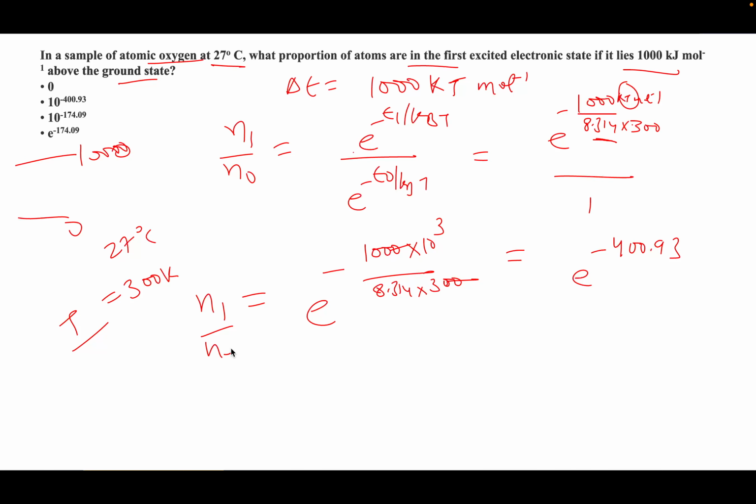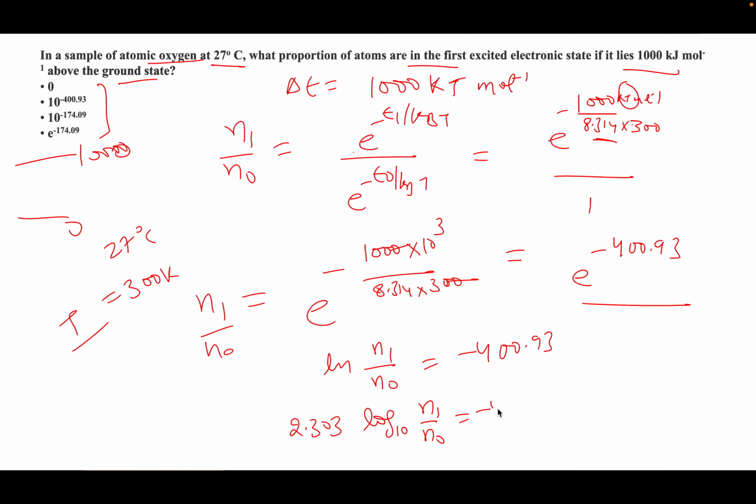So N1 by N0 is equal to e to the power minus 400.93. So it is not in a usable answer form, so let's convert it into a power of 10. Let's take ln on both sides: ln of N1 by N0 is equal to minus 400.93. To go from log base e to log base 10, we multiply by 2.303.